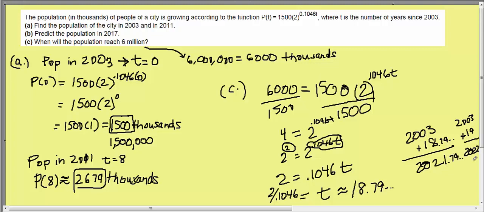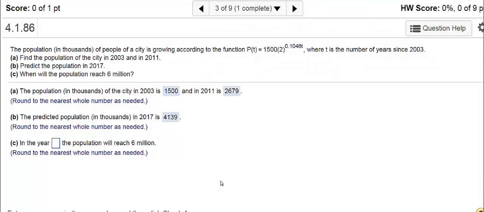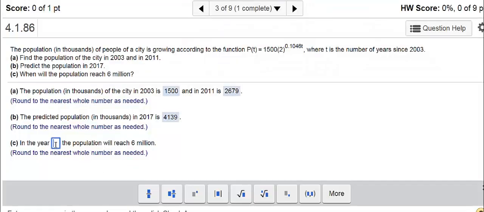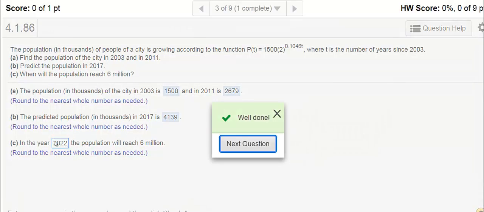I'm thinking that 2022 will be the best answer. So sometimes the wording of the question leads us into what the answer is. So let's try that one. Okay, that's good. That's what they're looking for, and that helps.